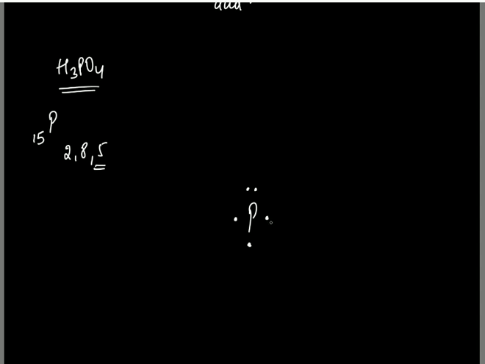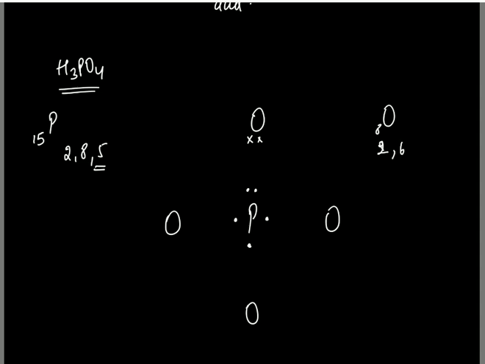So now, coming to this phosphorus, five valence electrons we have distributed over here, and then we have three hydrogens and four oxygens. So obviously, I'm going to surround these four oxygens. Oxygen atomic number is 8, so 2, 6 electronic configuration.